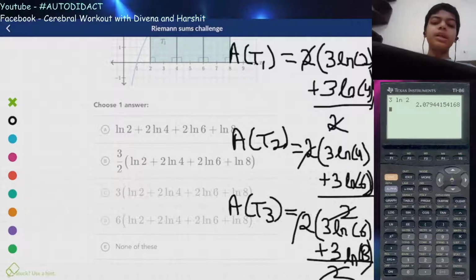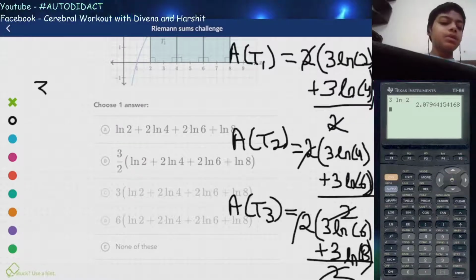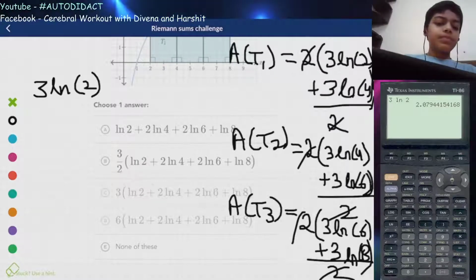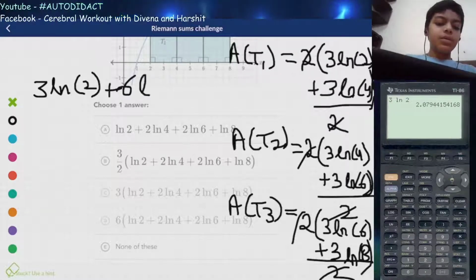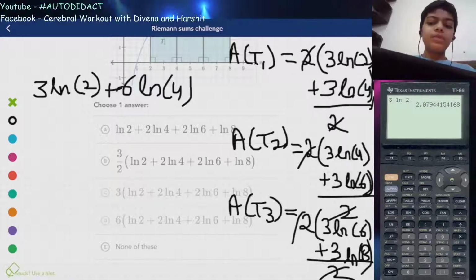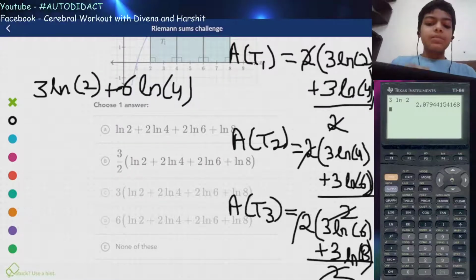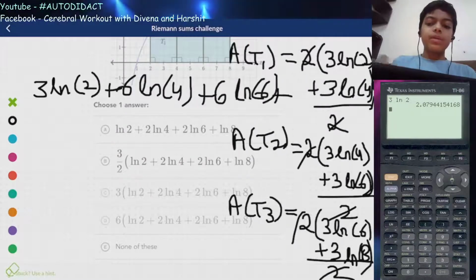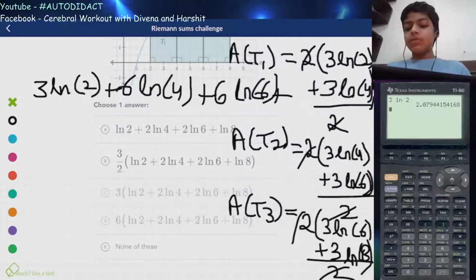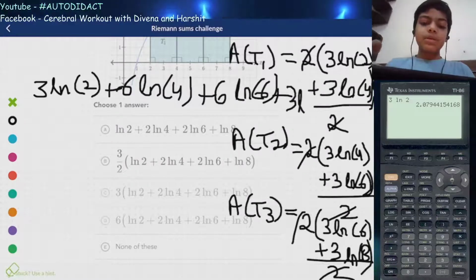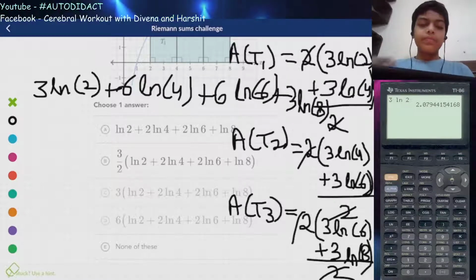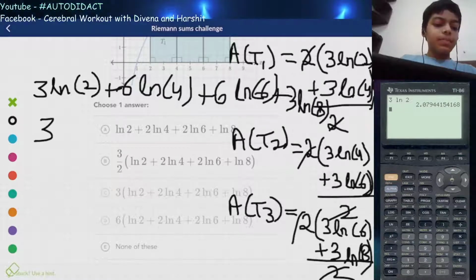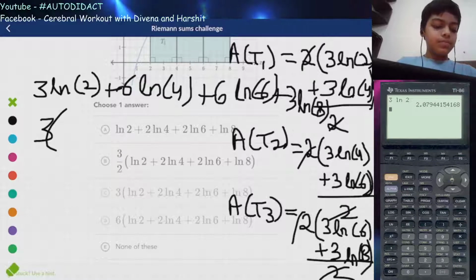Let's rewrite it: 3 ln of 2 plus 6 ln of 4 plus 6 ln of 6 plus 3 ln of 8.